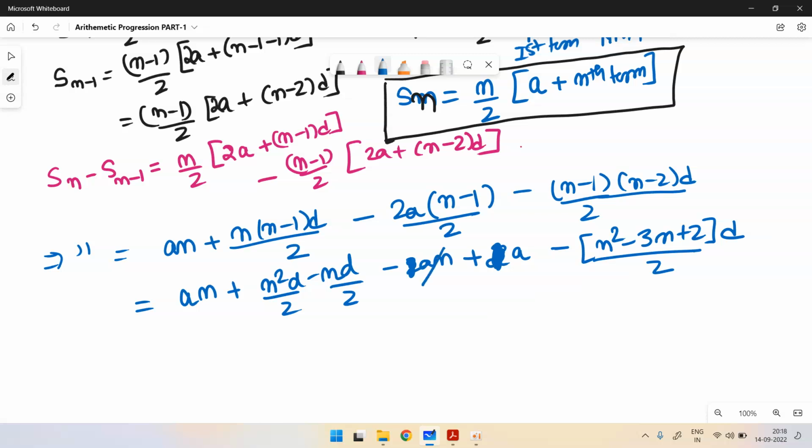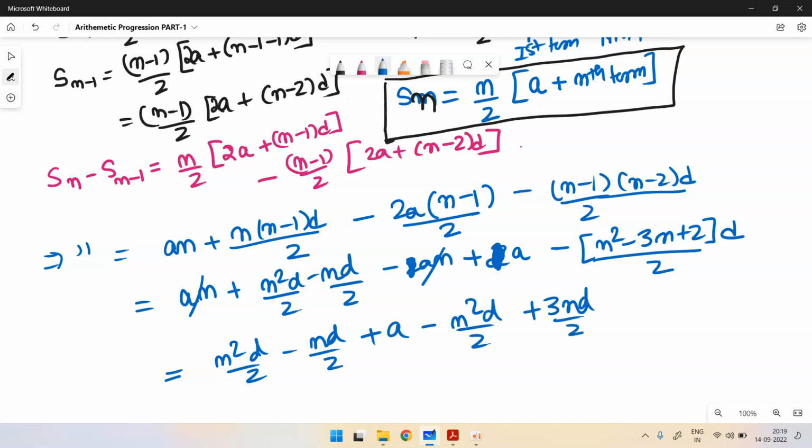So this minus an and plus an gets cancelled. This is nothing but n square d by 2 minus n d by 2 plus a, minus n square d by 2 plus 3n d by 2, minus 2, gets cancelled, 1 and minus d.